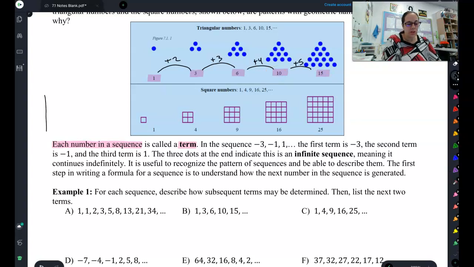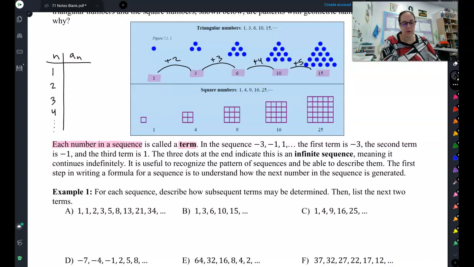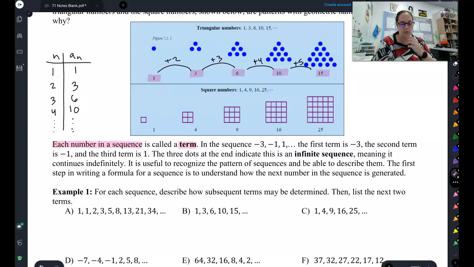So we'd usually list it kind of like a T-table, where on the left is what term it is: first term, second term, third term, fourth term, on and on. And on the right is the number that goes with that term. So 1, 3, 6, 10, 15, on and on. That's usually how we write it, so then we can see the second term is 3, the fourth term is 10, that sort of thing.